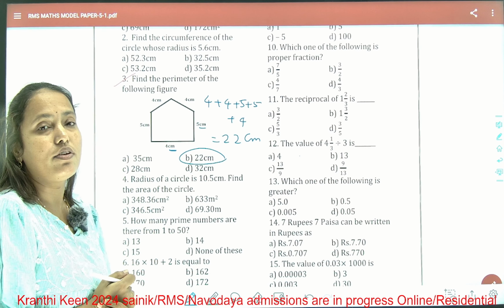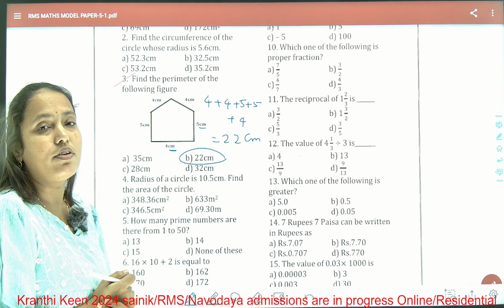Here minus 3 plus minus 5, plus into minus is always minus, so minus 3 minus 5 is nothing but minus 8. If you take any examples, not only these numbers, take two negative numbers and add, you will get the answer always negative only. If you add two positive numbers, you will get positive only.